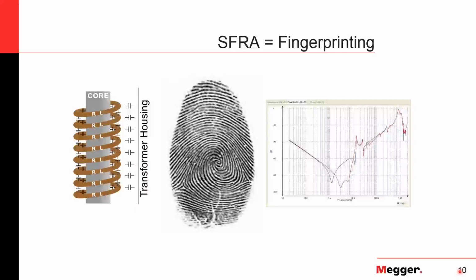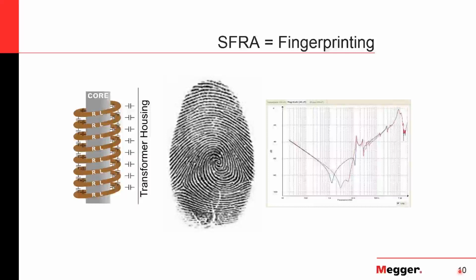And as I said, looking at the transformer as an RLC circuit, it's unique in its design. Basically, every large power transformer now is a custom design, and it will come out with its own unique fingerprint because it's got its own RLC response.